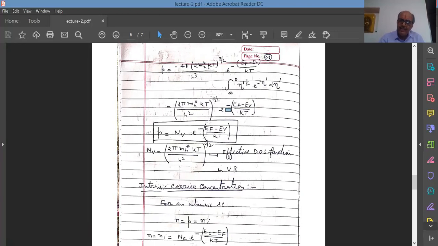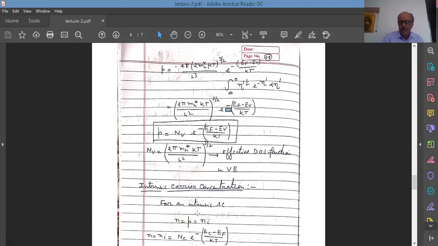We can again write this term as NB, and NB is called effective density of states in the valency band. So this is how we can derive the expression for electron and hole concentration in thermal equilibrium in a semiconductor in conduction band and the valency band.